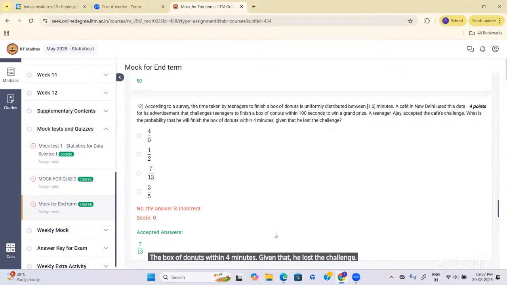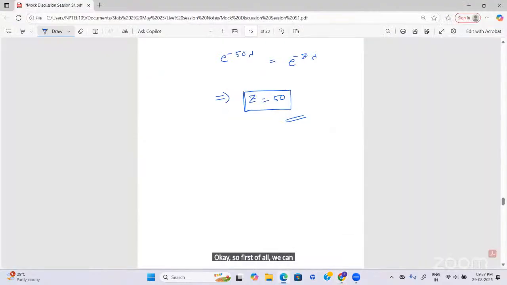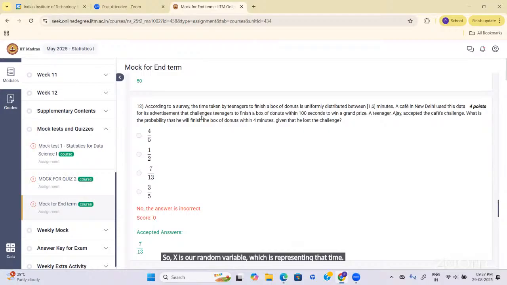Okay, so first of all, we can assume our random variable. So x is our random variable, which is representing the time. Here you can use conditional probability, no? Yes, here we will use conditional.